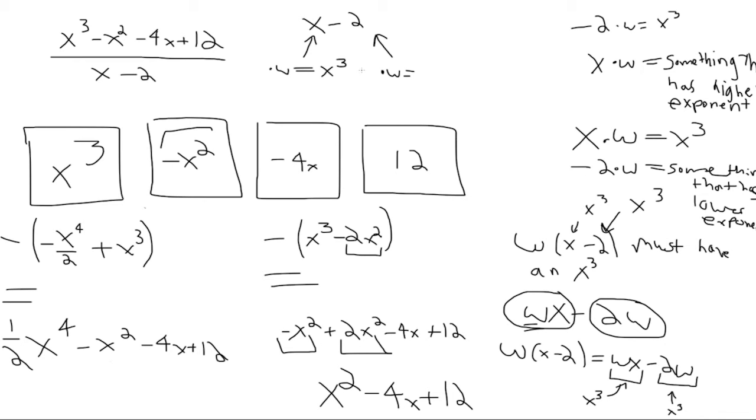So sometimes, even if we choose the bigger term to multiply by whatever we're multiplying it by to equal whatever we want to get rid of, in this case multiplying x by w to equal x cubed, even if we choose the term with the higher exponent, the extra term won't combine with one of the terms in our polynomial. But that still works out, whereas this does not, as we'll see.